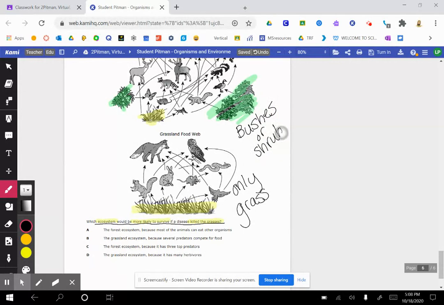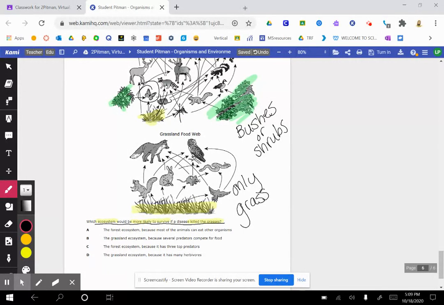Well, in order to survive, I have to have an alternate food source. So here my butterfly is connected to the grasses as an energy source, but it also has a second one with the bush or shrub there. Okay, so it might not go well for the mice because this guy doesn't look like he has a food source. And it might not do well for the crickets.